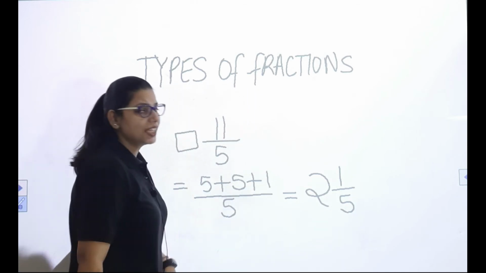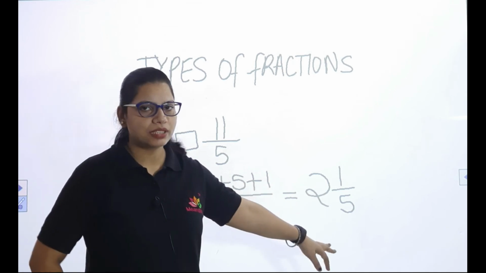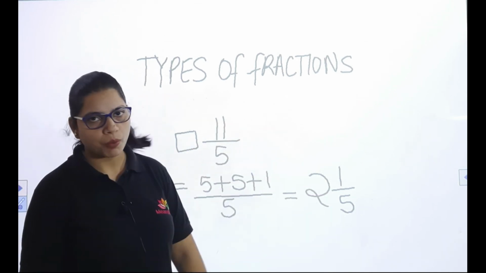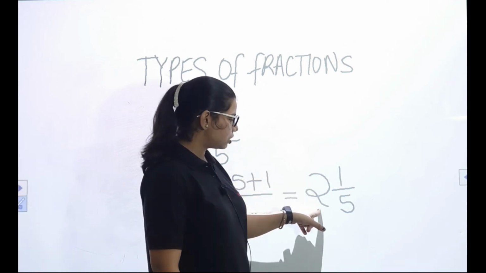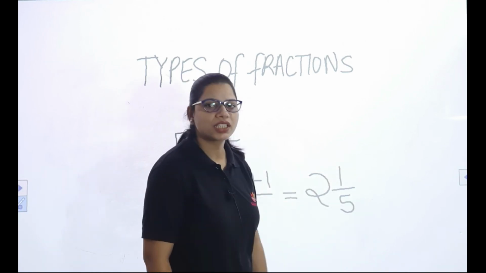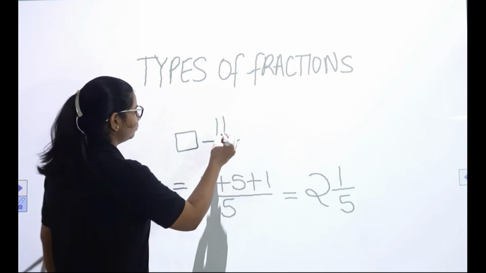I will be telling you, I will explain to you shortly, how to write improper into mixed. So this was an improper fraction, and this is a mixed fraction. In the mixed fraction, this is whole and this is fraction. 2 is whole and 1/5 is the fractional part.